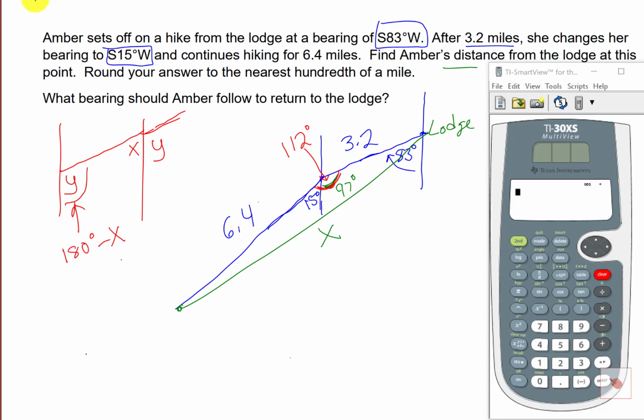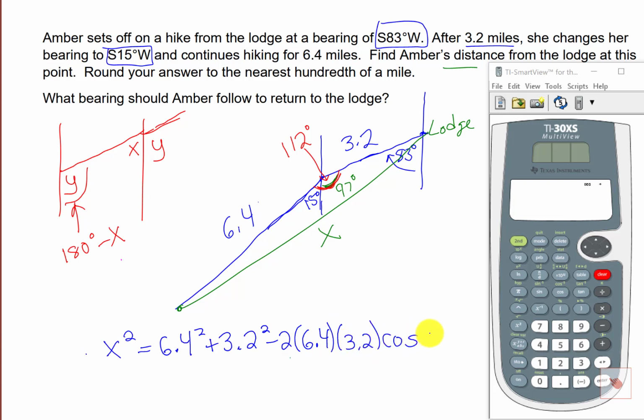So the side we want to know, squared, equals the sum of the squares of the other two sides, 6.4 squared plus 3.2 squared, minus 2 times the product of those two sides, 6.4 times 3.2, times the cosine of the angle between those two sides, which is 112 degrees.